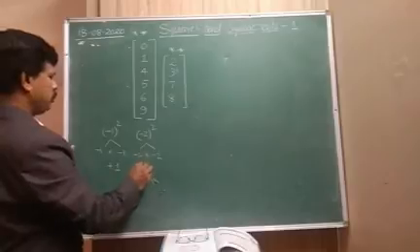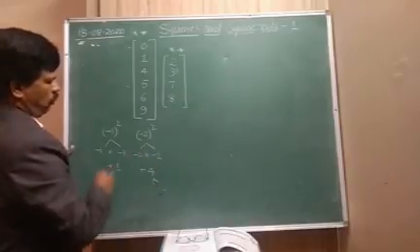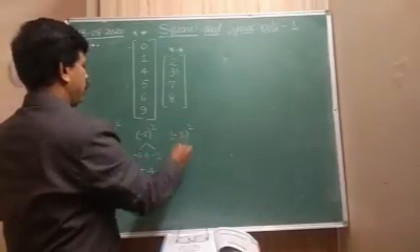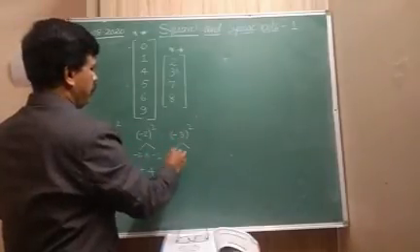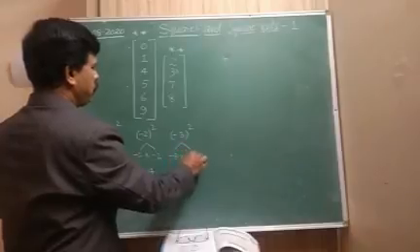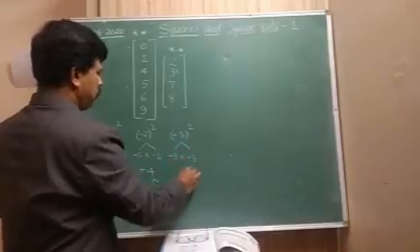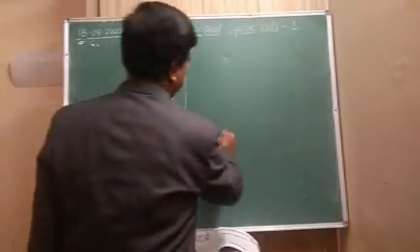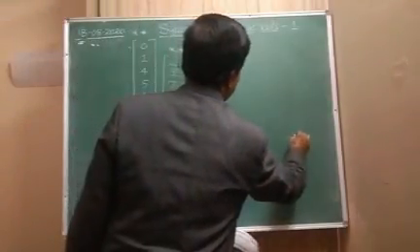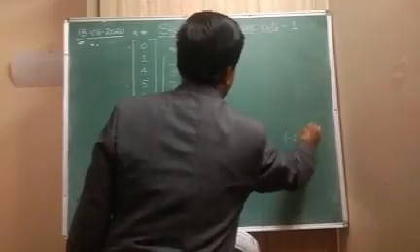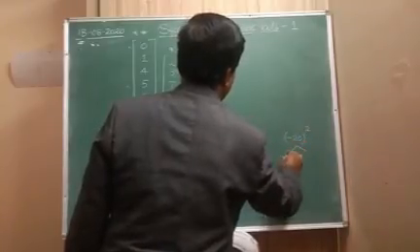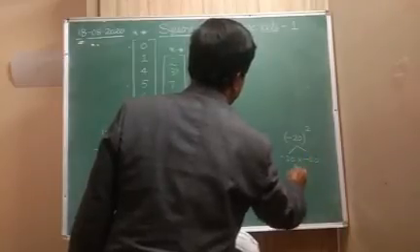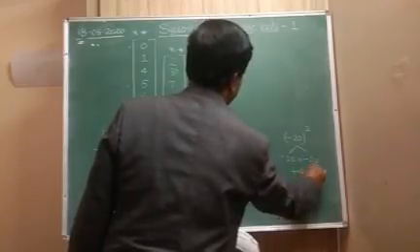Minus into minus is plus 4. Then minus 3 whole square, that is what? Minus 3 into minus 3, that also is plus 9. Like this, up to 20 you have to write. Minus 20 whole square, that is minus 20 into minus 20, plus 400.